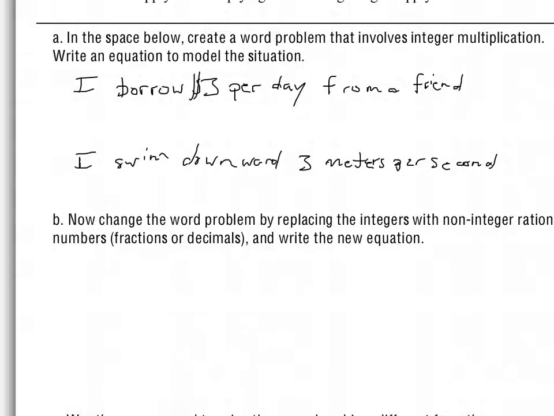Okay, just a couple of quick examples here that might be similar to something that you came up with. I borrow $3 per day from a friend for 6 days. I swim down 3 meters per second for 6 seconds.